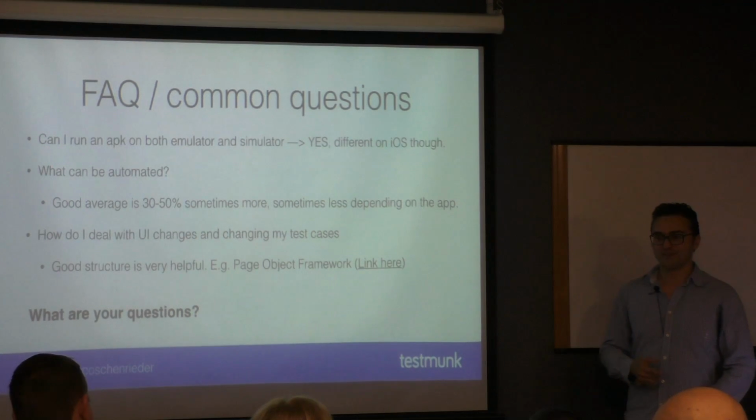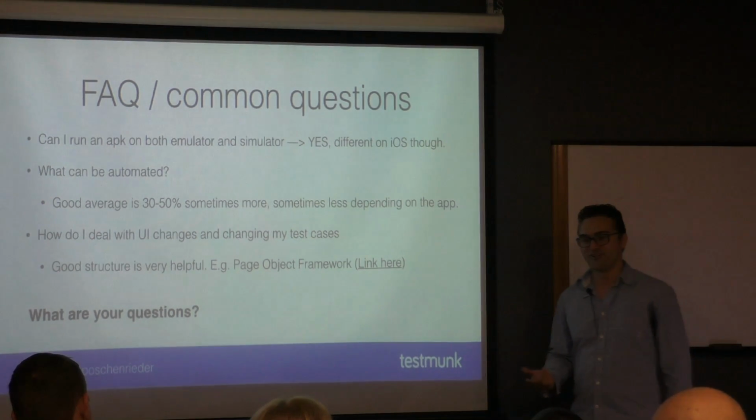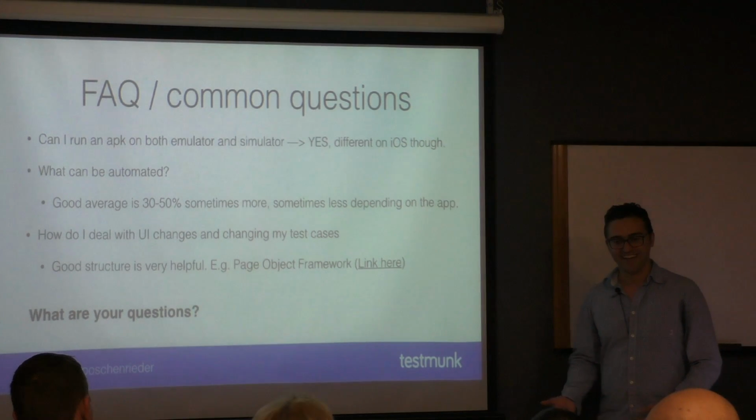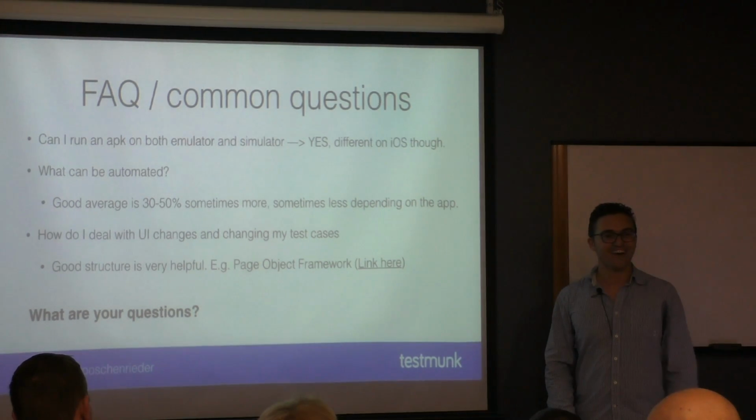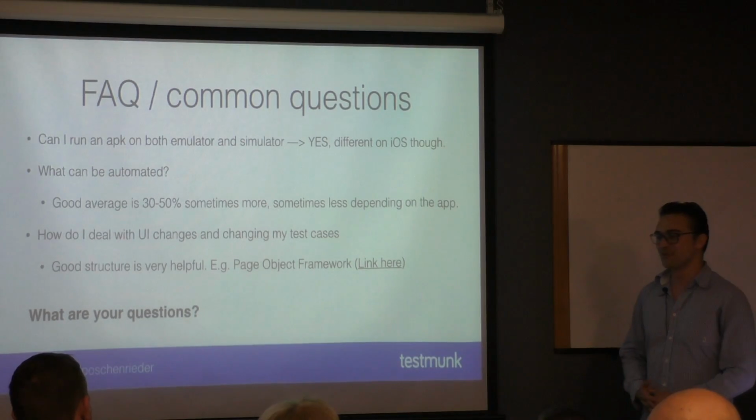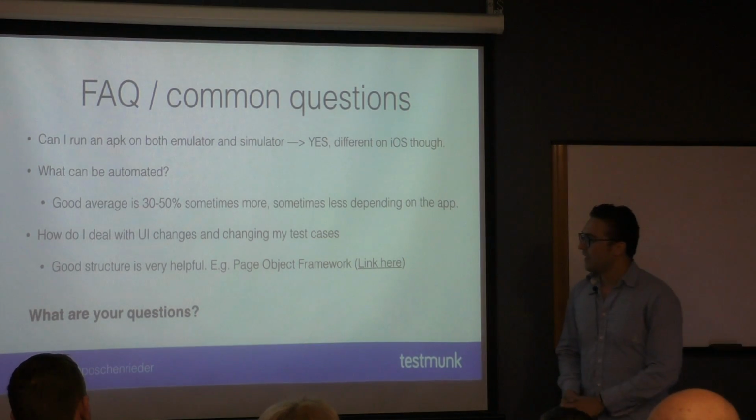I've heard of scenarios, and I've made the mistake myself, where I received an IPA file that was built for the simulator, but I tried to install it on the device, and of course it doesn't work. You can spend an hour trying to figure out why it doesn't work, and then you figure out, okay, did I maybe receive the wrong one?